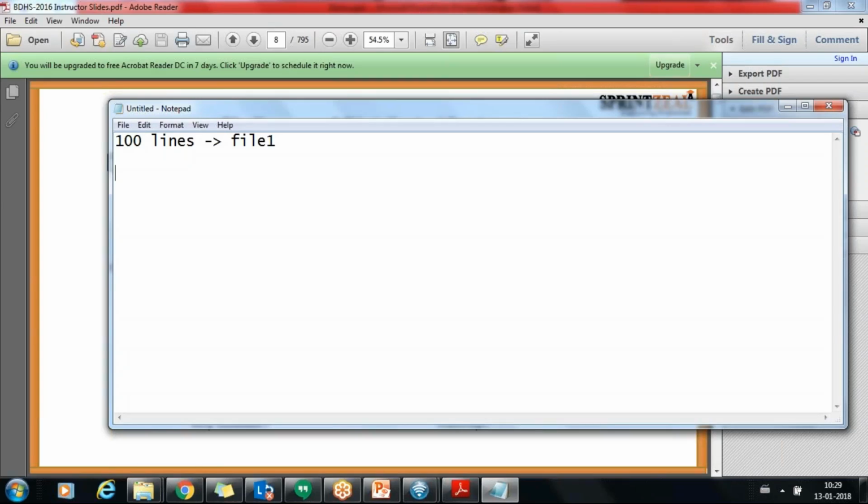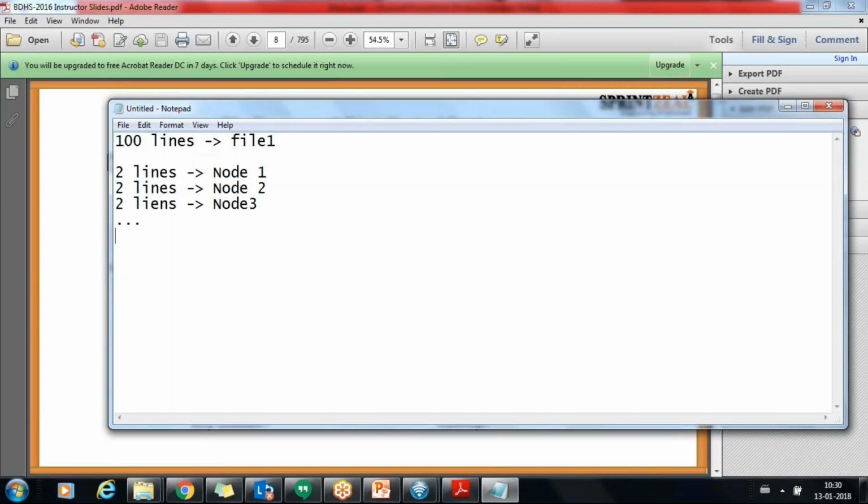What I'm going to do is put two lines in each node. So two lines go to node number 1, another two lines go to node number 2, and the next two lines go to node number 3.